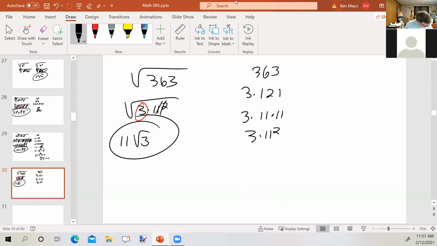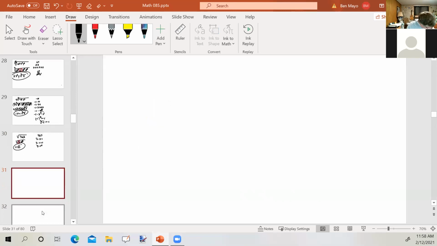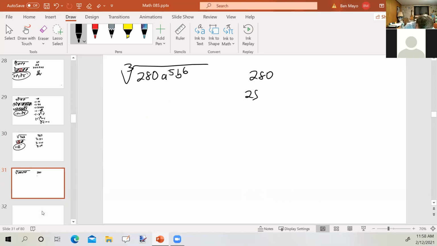Yes. All right. Let's take a look at this one. The cube root of 280, a to the 5th, b to the 6th. So 280 is 28 times 10, is 4 times 7, times 2 times 5, is 2 times 2 times 7, times 2 times 5, is 2 cubed, times 5, times 7.